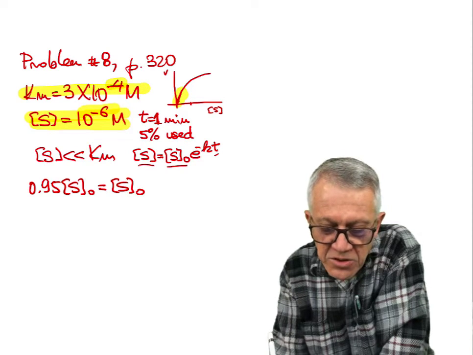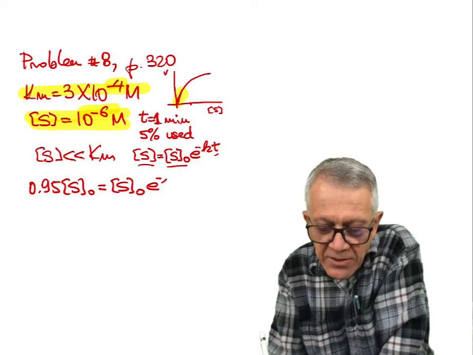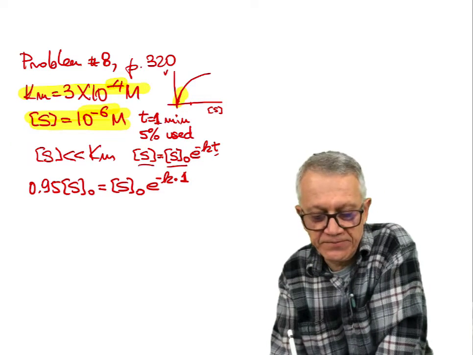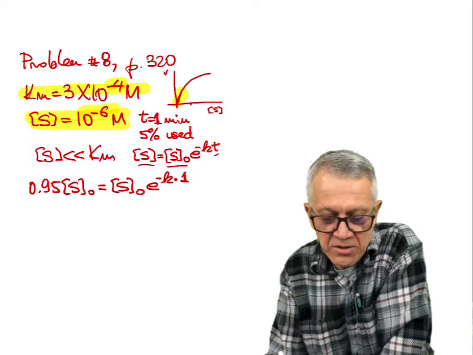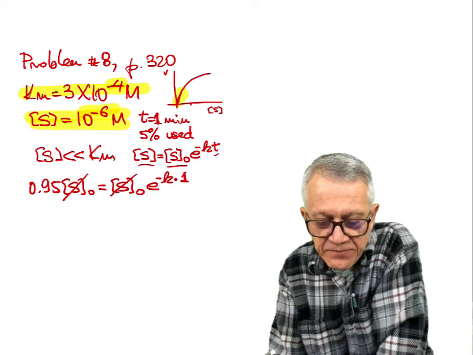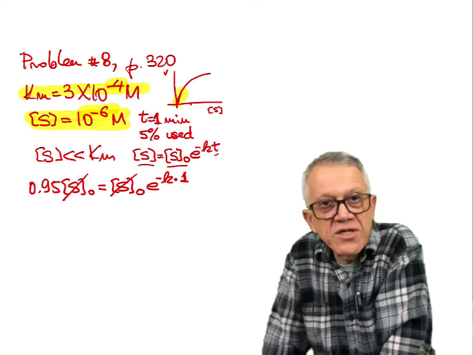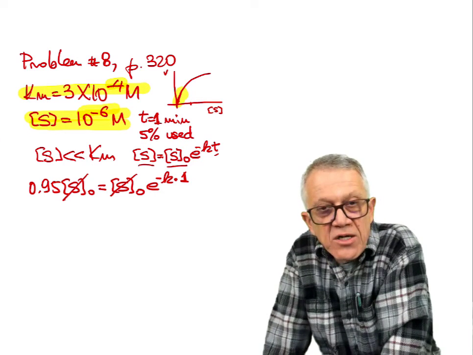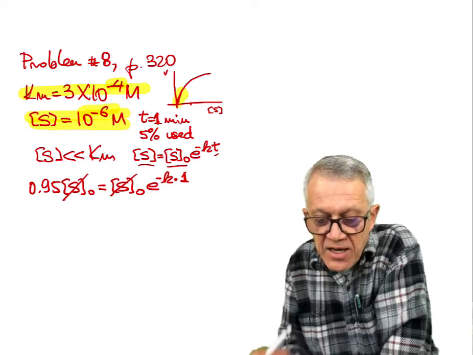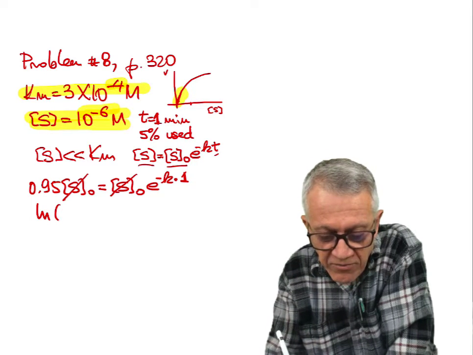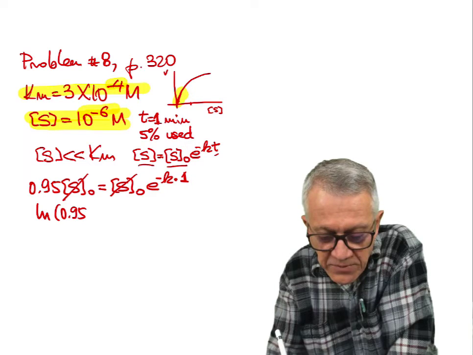So 0.95 S0 equals S0 e^(-k times t), where t is 1 minute here, right? So this simplifies. How do you solve that now? We have 0.95 on one side of the equation, and on the other side, e to the power of -k. The best way to do that is to take the natural log of both sides of the equation.